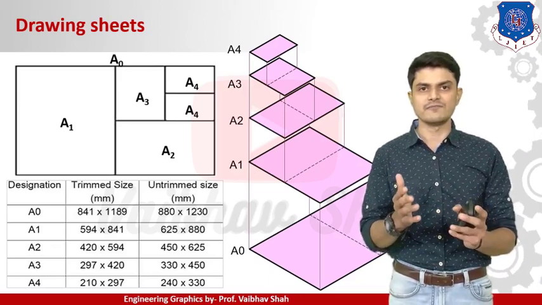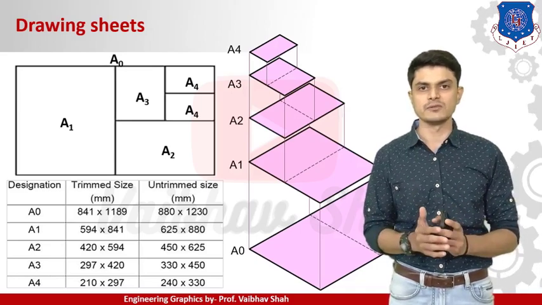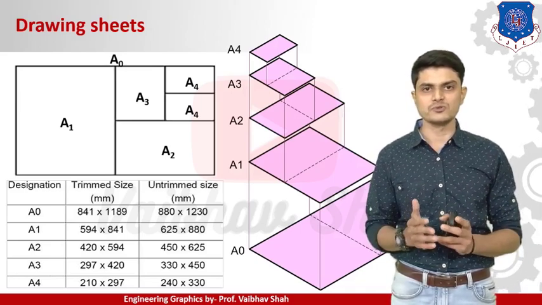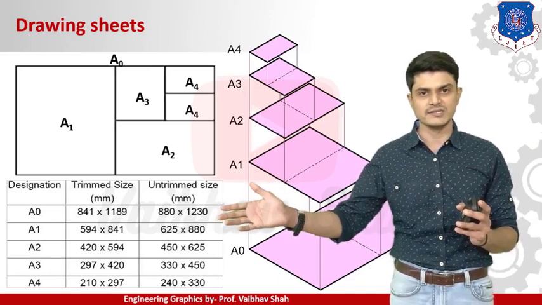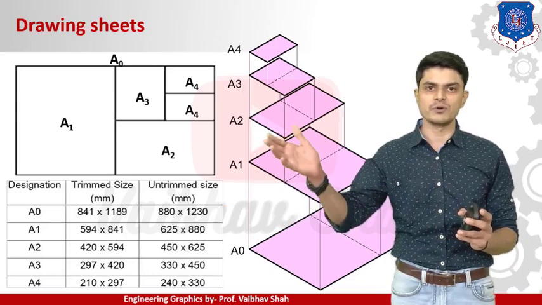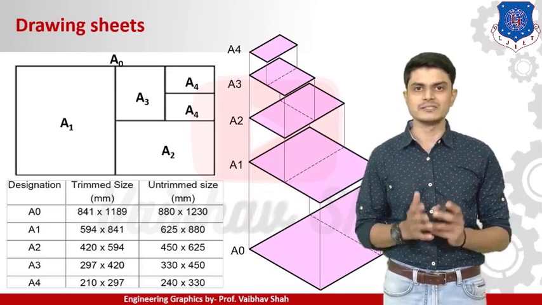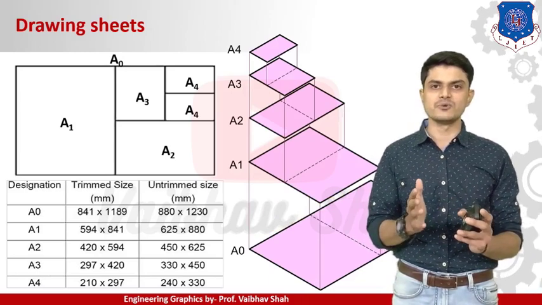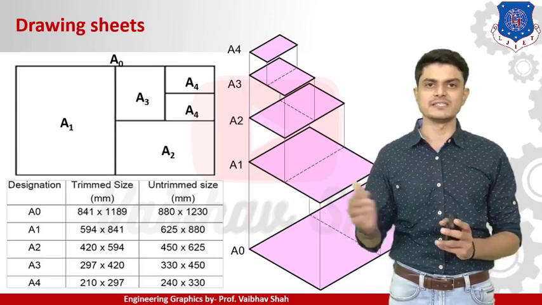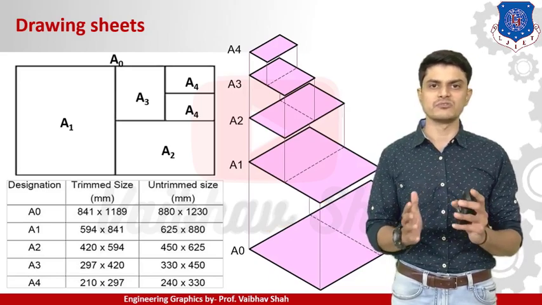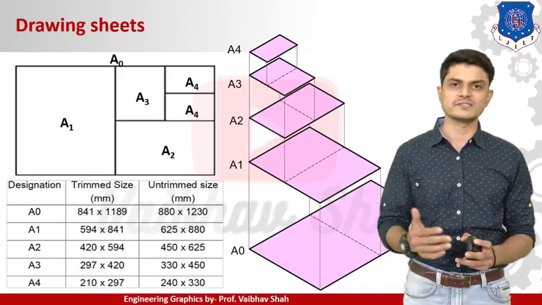We divide this 841 by 2 because we are halving it, which gives 420. You write 420 in the first place, as the width of your next sheet, and you directly use the width of your previous sheet as the length of your next sheet, like 594. So you are just placing the same figures and halving the length of your previous sheet, and you will have this table ready. You need to practice two or three times and you can easily remember this table, right? So let us move to our next thing.